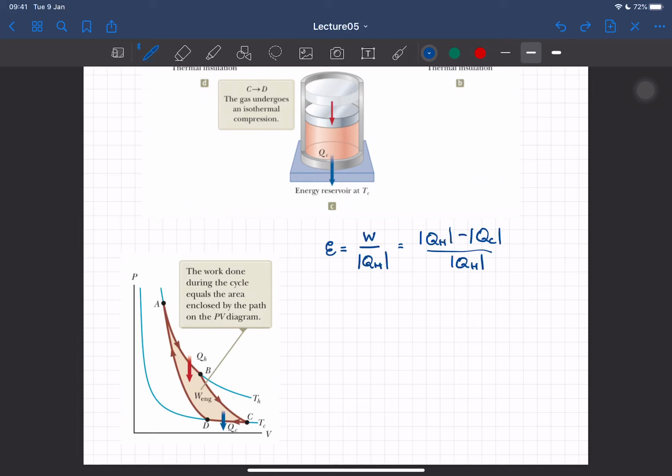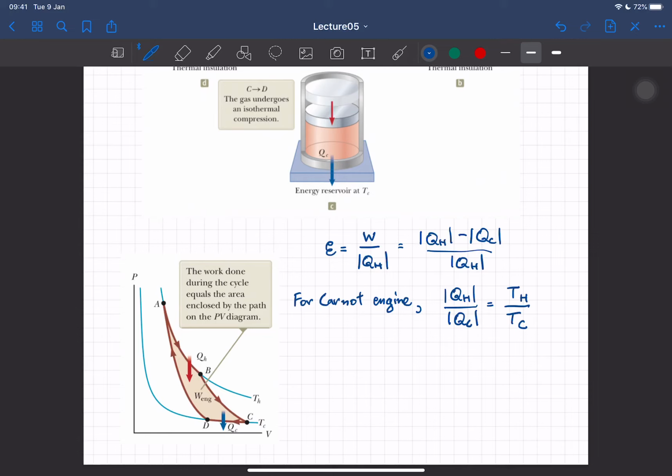So for Carnot engine, and this is only true for Carnot engine, we can show that the ratio between the heat that you get from the hot side to the heat that you throw away to the cold side is the same as the temperature of the hot side divided by the temperature of the cold side.